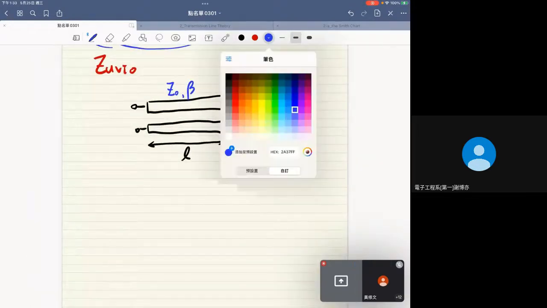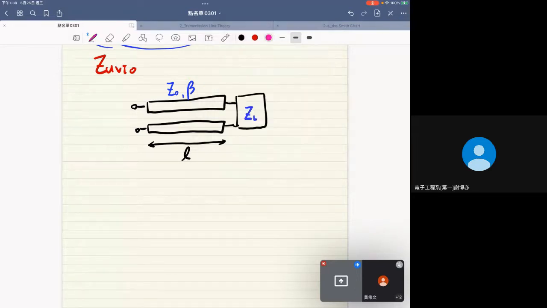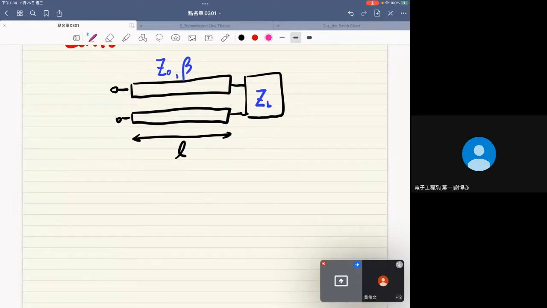First, I want you to answer the question I already showed you last week. At the point when L equals 0, or you can say z equals 0, z is the position, or you can say the length is 0.